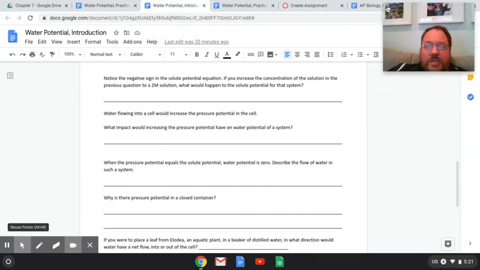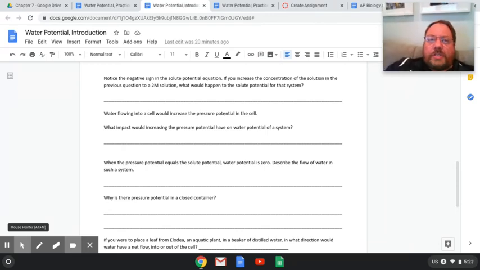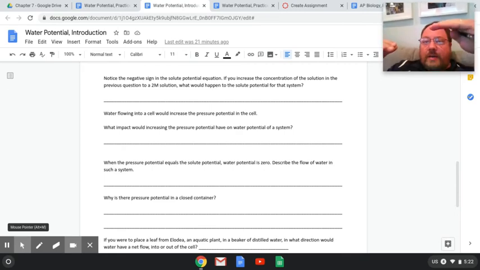Water flowing into a cell would increase the pressure potential in the cell, which makes sense, right? Water flows in, the pressure on the walls will be greater. If it's a sealed container, think of like a cell, if water flows in, pressure will go up, right? And so if pressure potential goes up, eventually pressure potential and solute potential will cancel one another out. Because again, solute potential has a negative value, right?